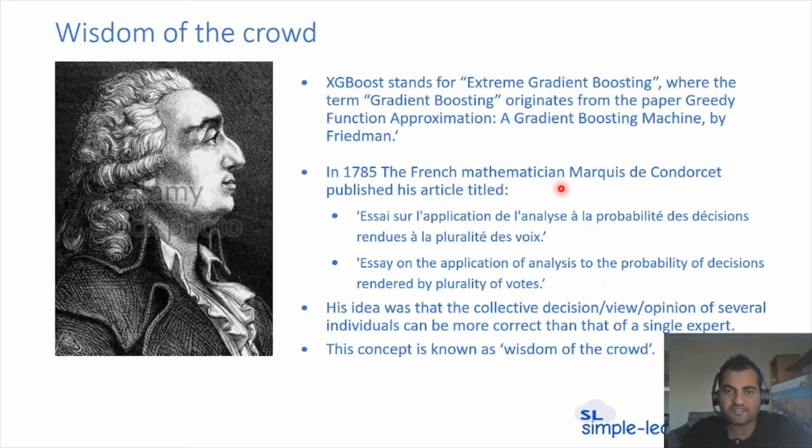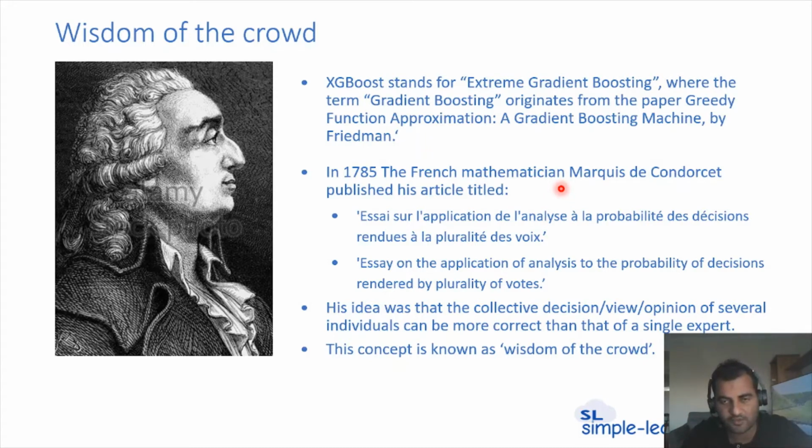In 1785, a French mathematician published an article, whose name I quote, "Essay on the Application of Analysis to the Probability of Decisions Rendered by Plurality of Votes", right? Of course it was in French, but this is the translated one.